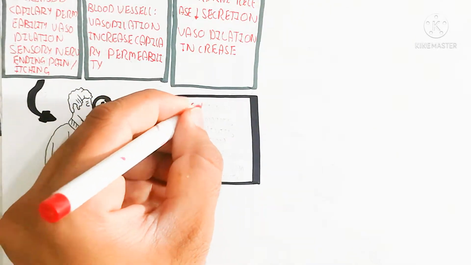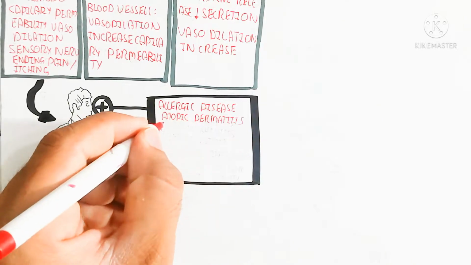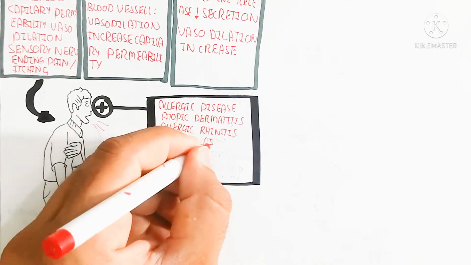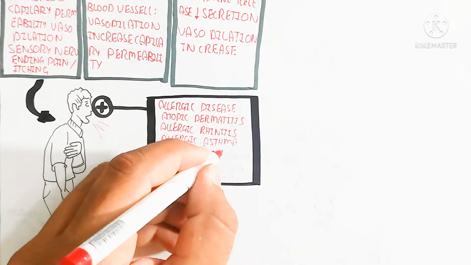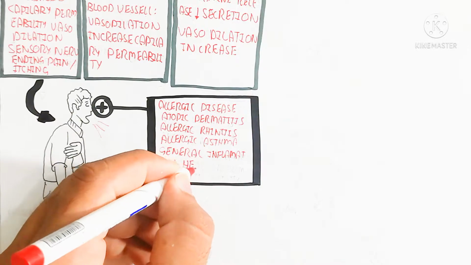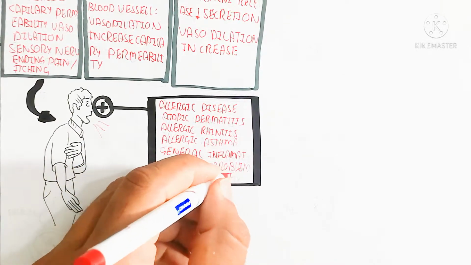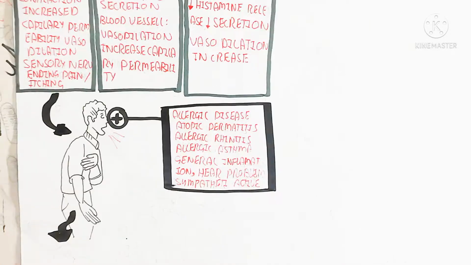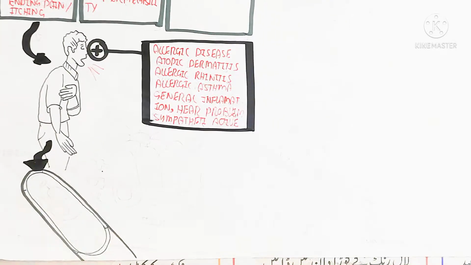Here is a person who is affected by pollen, smoke, dust, or some food. In allergic diseases such as atopic dermatitis, allergic rhinitis, allergic asthma, and general inflammation, sympathetic activity will be increased. Let's look at the blood circulatory system of the person, which contains mast cells.